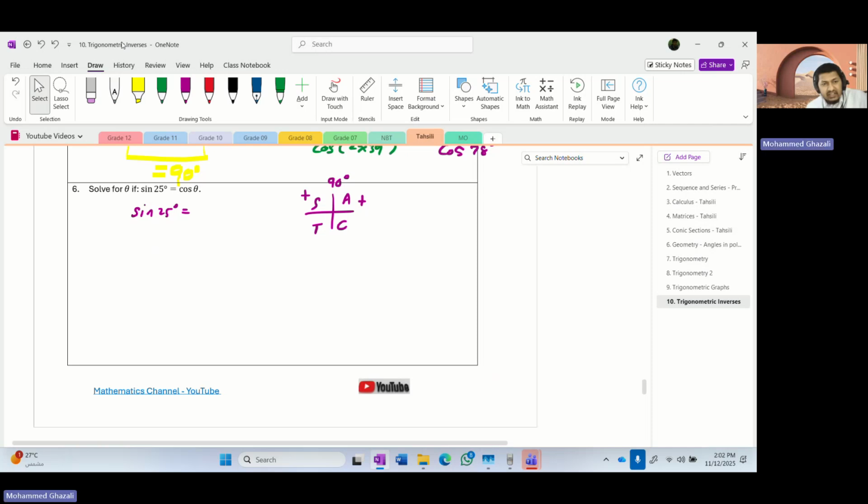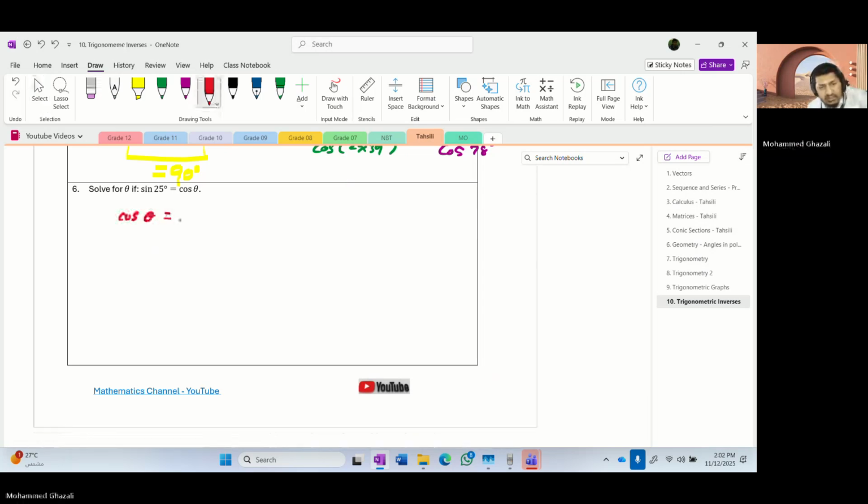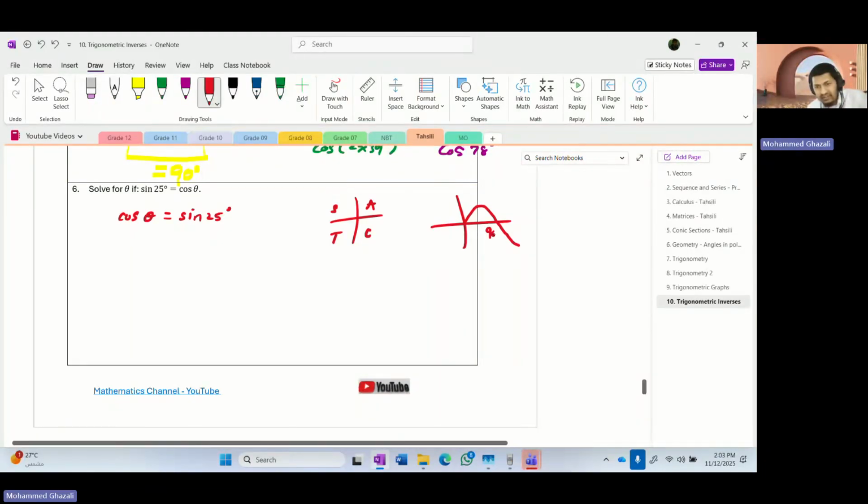We should check where cos is positive. So cos theta is equal to sine 25. Now check where cos is positive, because sine of 25 is positive. How do we know sine 25 is positive? Because the sine graph starts like this, and that's pi by 2, which is 90 degrees, and 25 is somewhere around there.